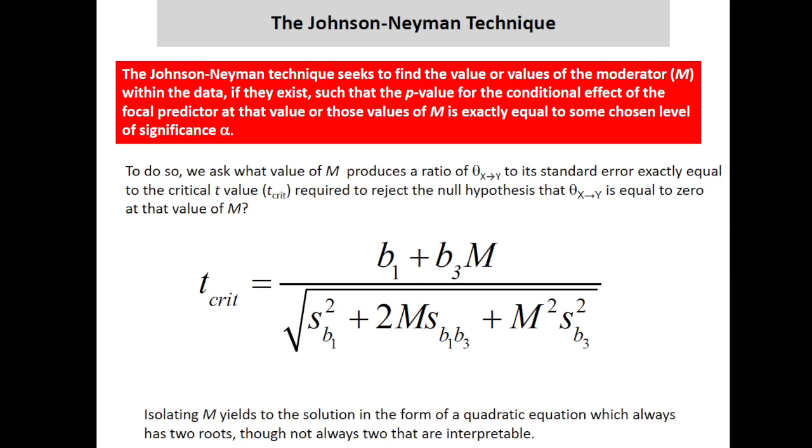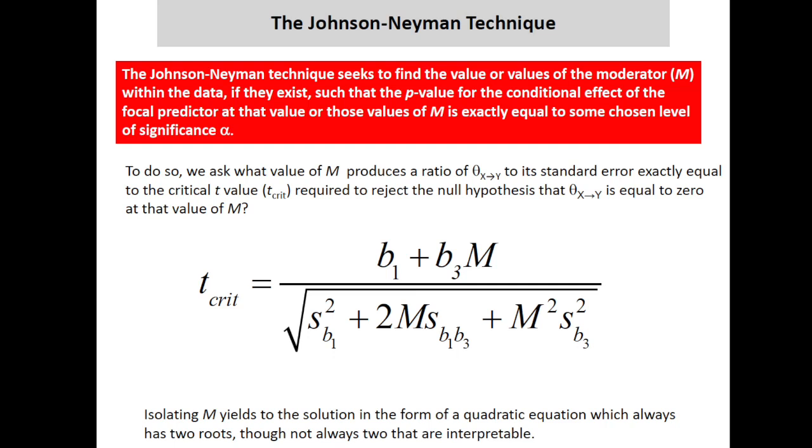Now that's important because those define what are called the regions of significance. Those are points of transition. Think about the moderator's continuum. As you move from left to right on that continuum, you can calculate the conditional effect of X and put a p-value onto it. And as you move left to right, the p-value will change depending on where on M you choose. There will be some point or points at which something is significant at a certain value.